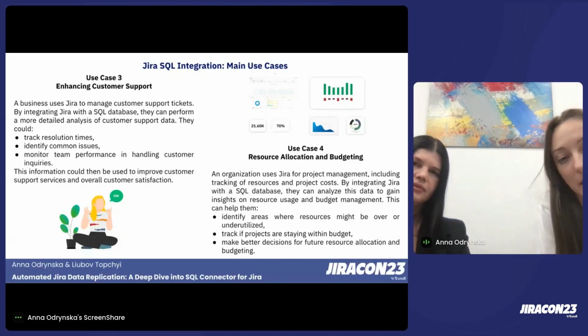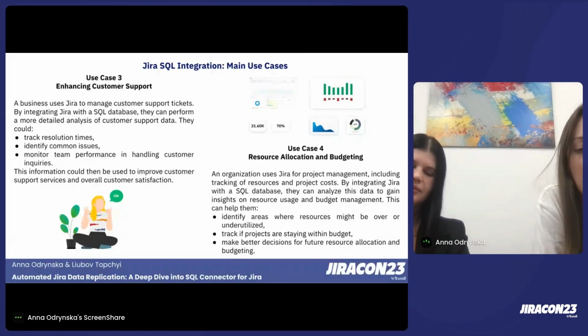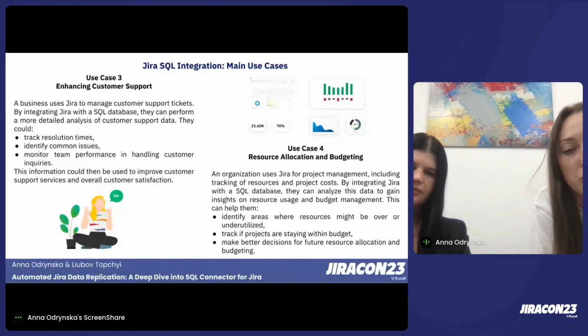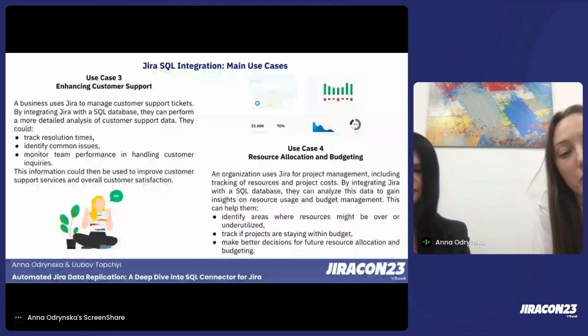And one more case I'd like to share is about resource allocation and budgeting. For organizations which use Jira for project management, they very often use it to track their resources and project costs.